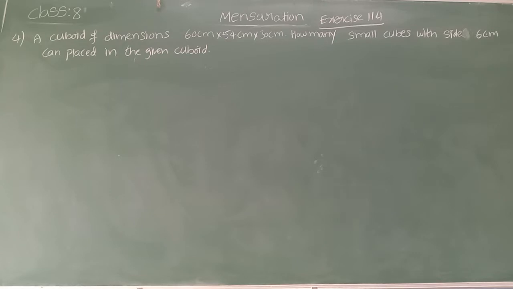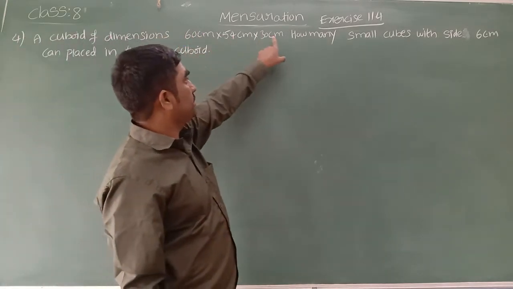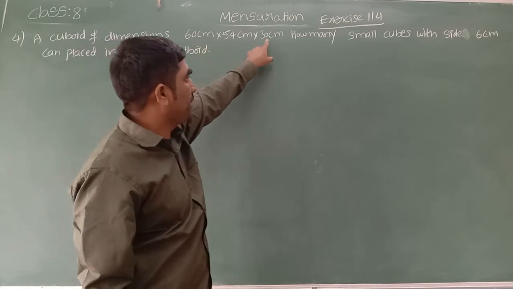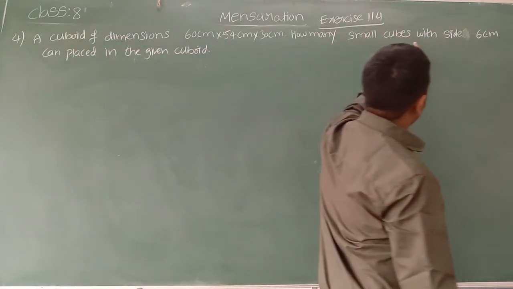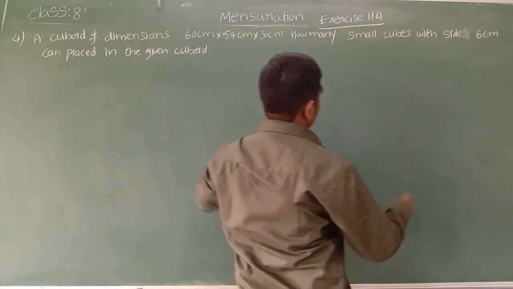Yes, we have one more question from exercise 11.4. A cuboid of dimensions 60 cm, 54 cm, 30 cm, and these are the dimensions of the cuboid, length into breadth into height. How many small cubes with side 6 cm can be placed in the given cuboid?